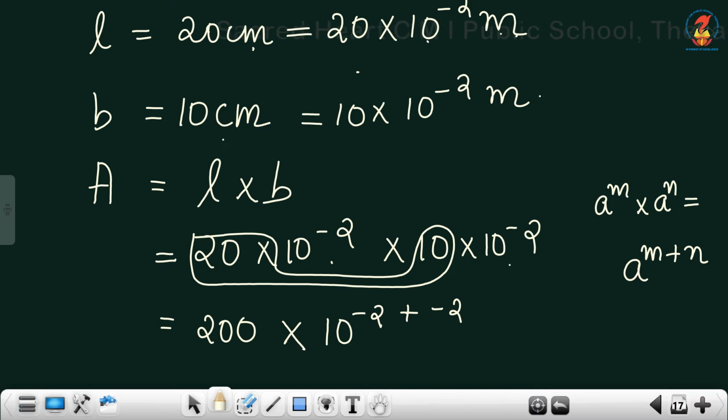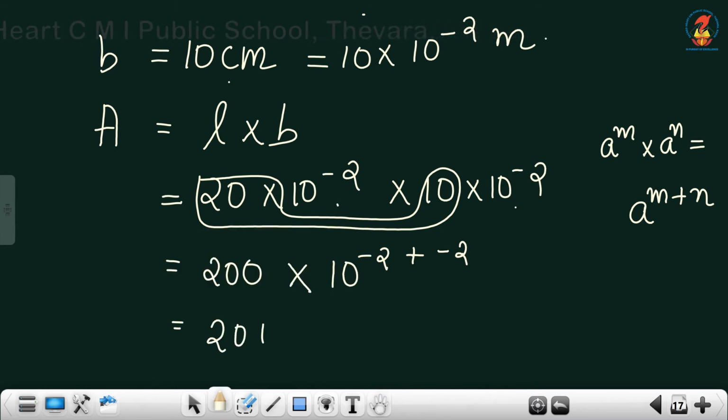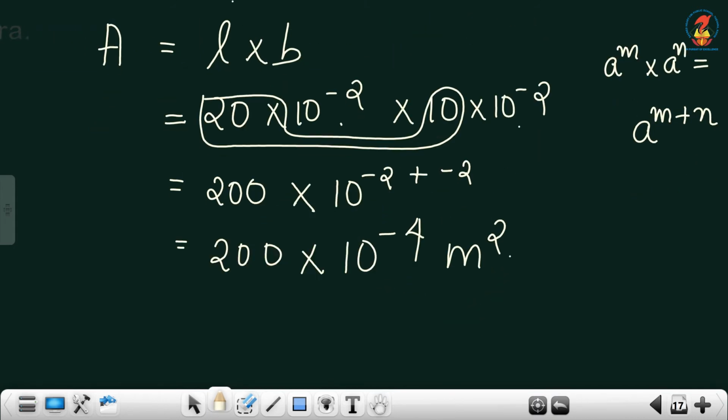M is minus 2, n is also minus 2. That is 200 into 10 raised to minus 4, unit is meter square. So, this is the area of contact of block A.